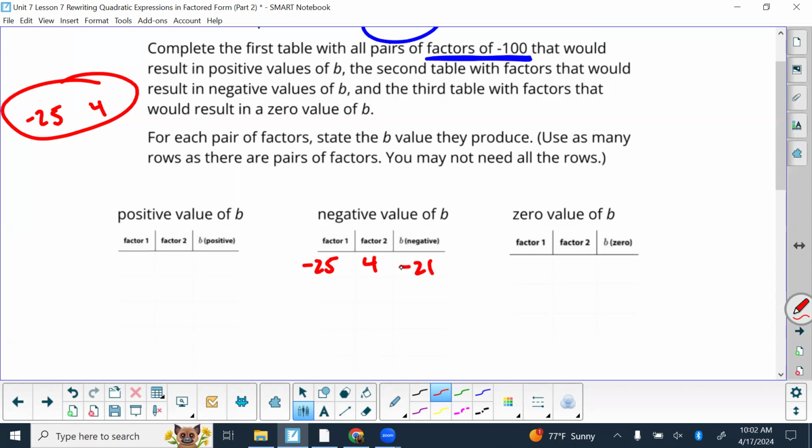Okay, so table 9, try again. Give me another pair of numbers that multiplies to negative 100.